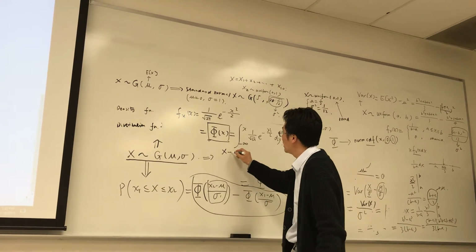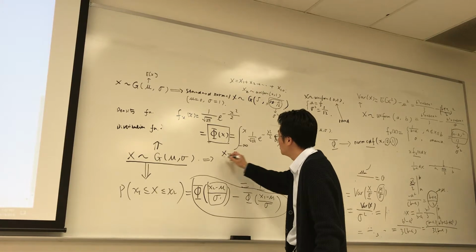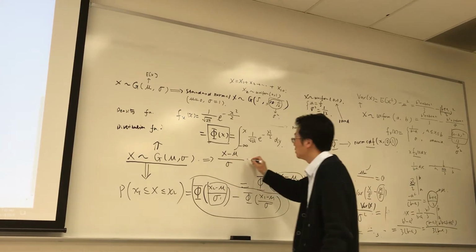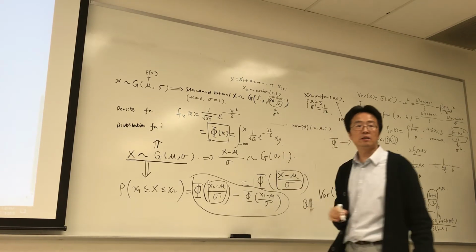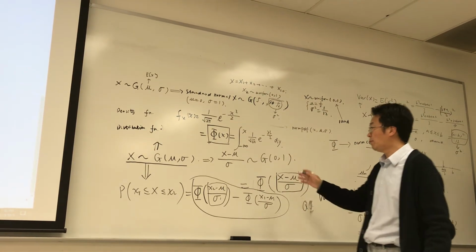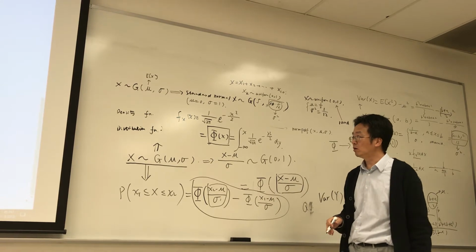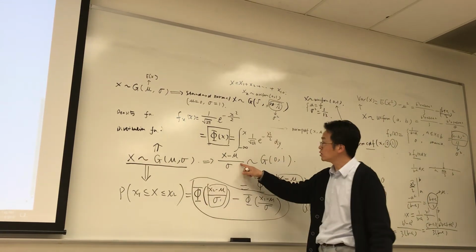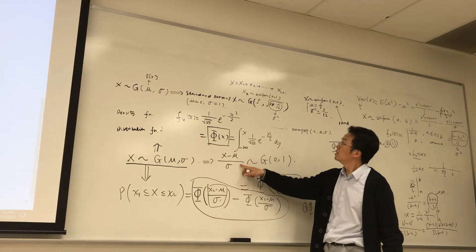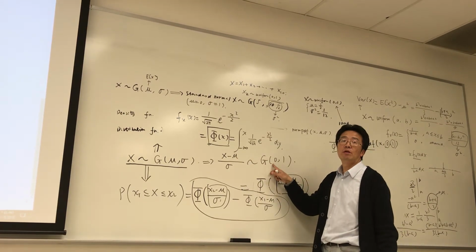Then x minus mu over sigma will follow this G(0,1). Is that clear? That's how we can convert this general Gaussian distribution to the specialized standard normal distribution.